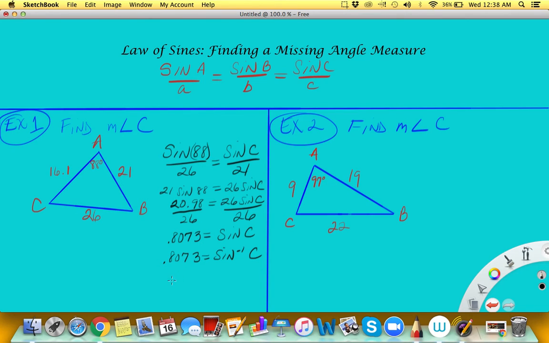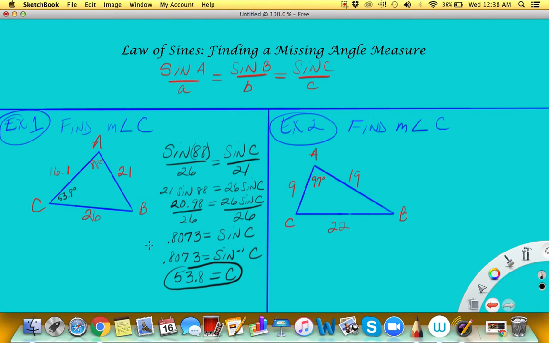In this case, we'll get 53.8 degrees equals angle C. And that's going to be your first example.